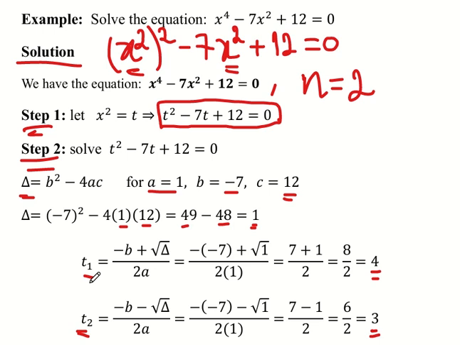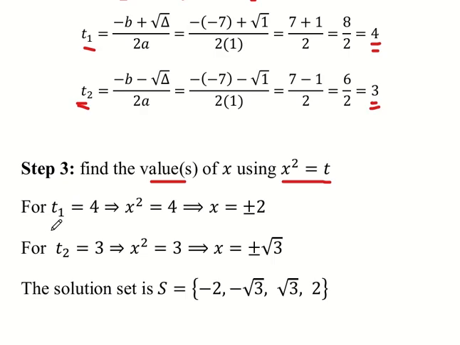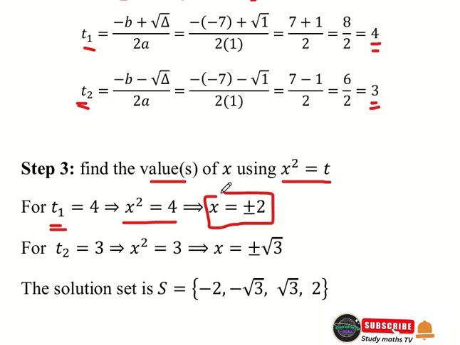Next is to replace the values of t in the formula x squared equals t, so that we can get the value of x as the initial unknown. For t1 equal to 4, x squared equals 4. Taking the square root of 4, x equals plus or minus 2.